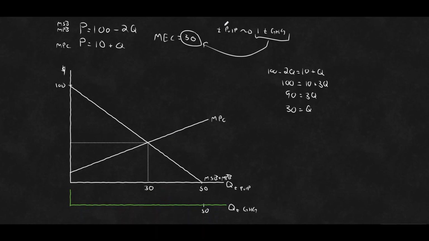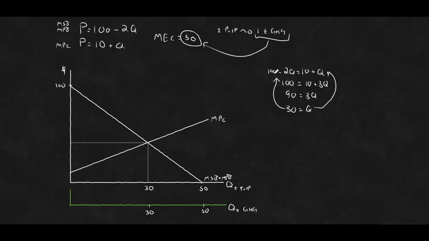That means 1 ton of pulp is 1 ton of greenhouse gases. We are also producing 30 tons of greenhouse gases. Great. What is going to be the price of pulp in this competitive equilibrium? Well, we can take this quantity, substitute it back into either one of these equations.